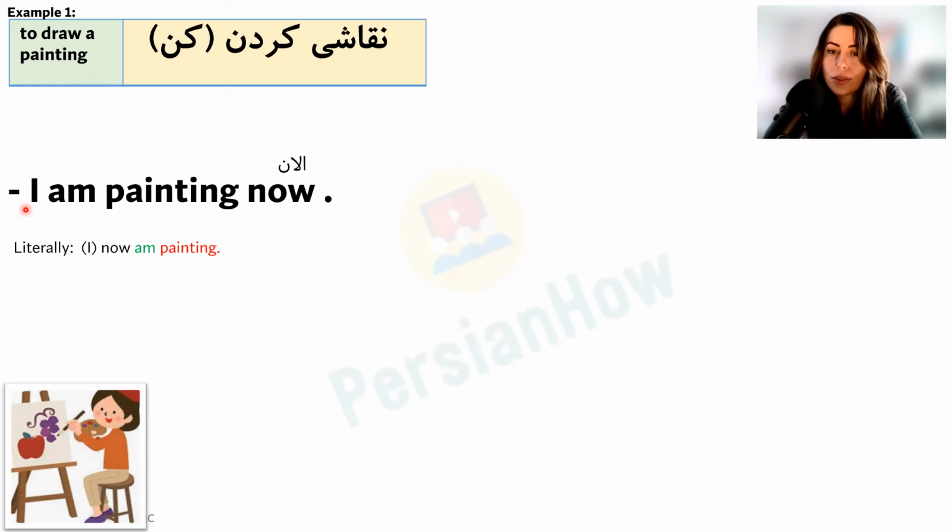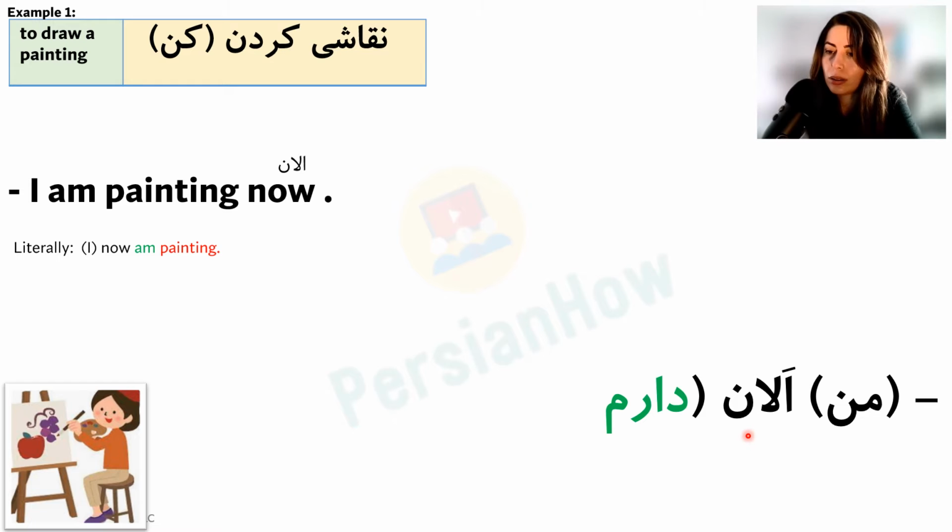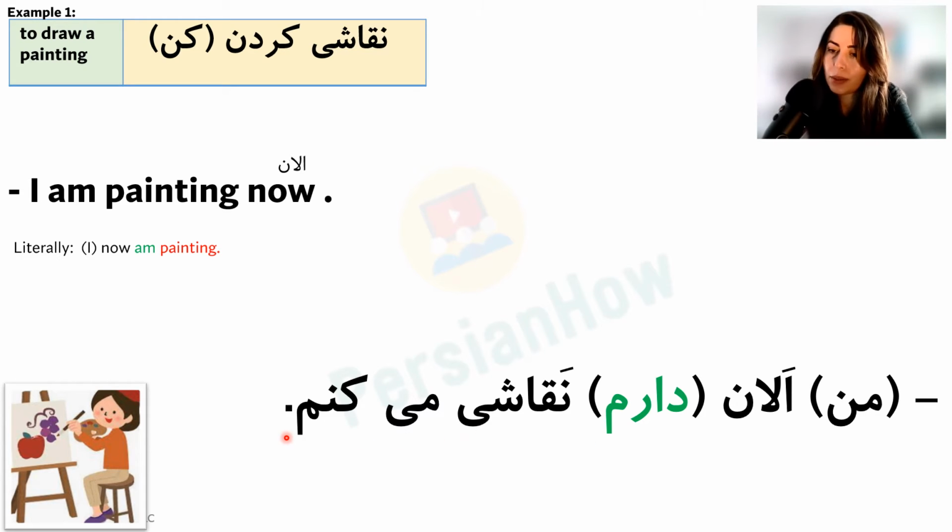So literally we need to say something like I now am painting. So let's start with that. من الان دارم نقاشی میکنم. One more time. من الان دارم نقاشی میکنم.